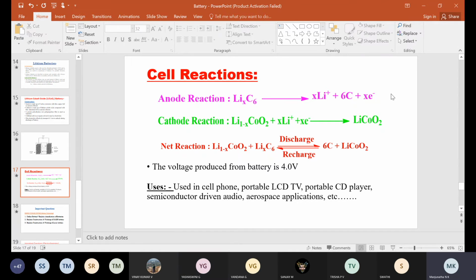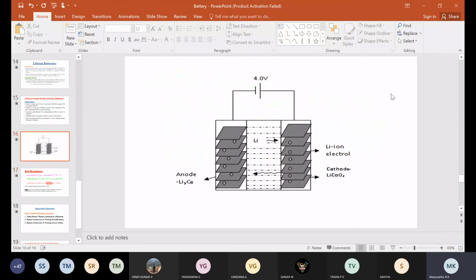Yes, sir. Write down the next headline, lithium ion batteries. Write down this diagram. Here, the separator is missed. In the middle, write one straight line. Write it as separator.